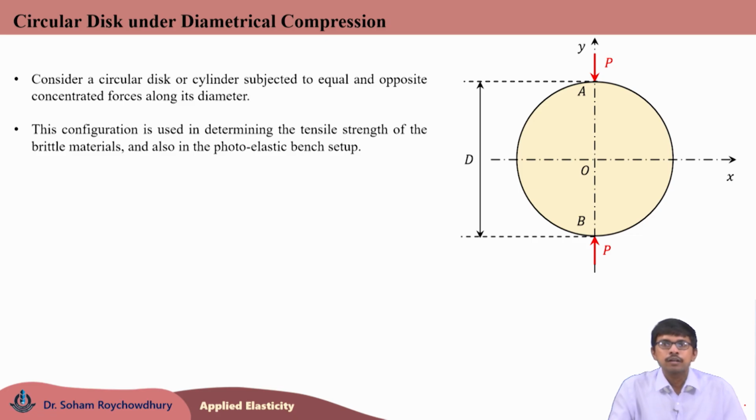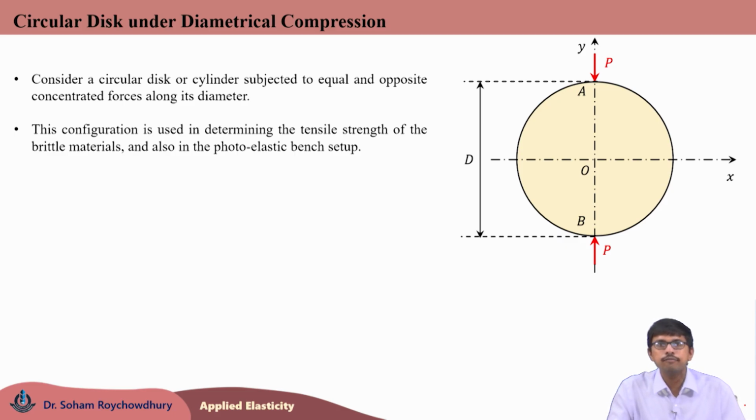Hence, for finding the strength of the brittle material, this is one kind of indirect approach using which the tensile strength can be obtained, by taking a circular geometry of the material and subjecting it to compression along one particular diameter.